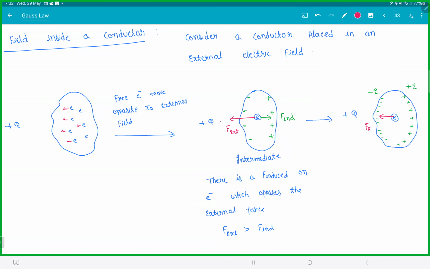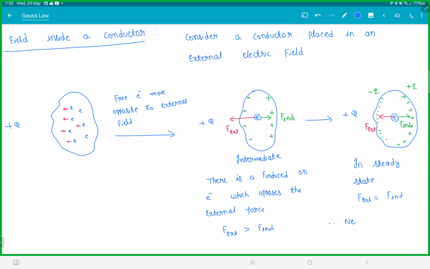So now if you take an electron here, this F external force is getting balanced by the F induced force. So you have reached a steady state. F external becomes equal to F induced.